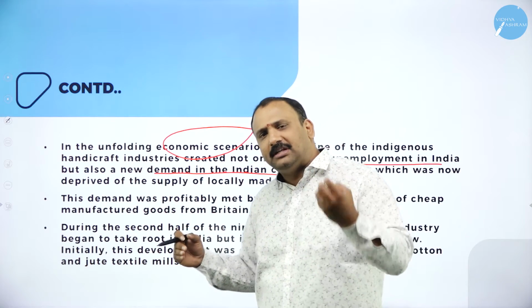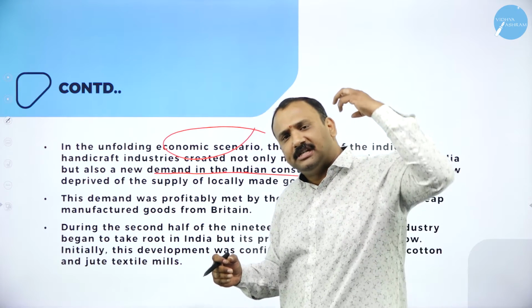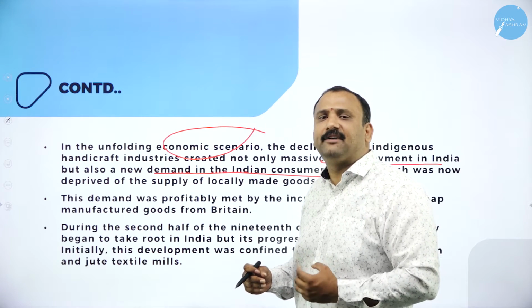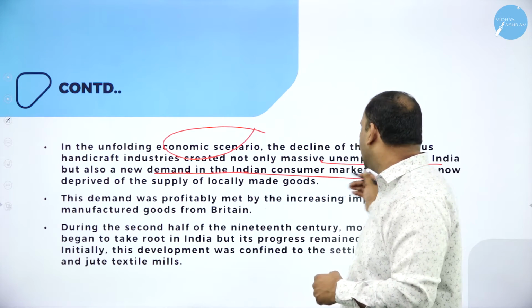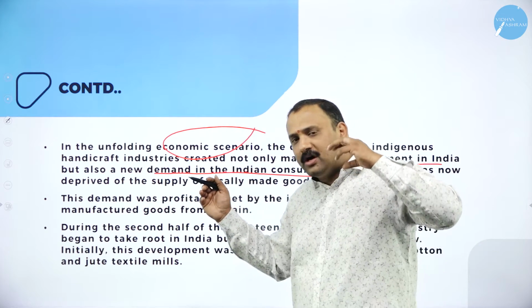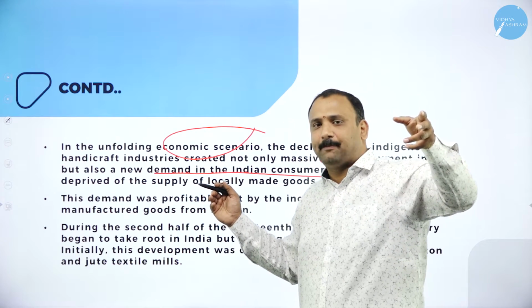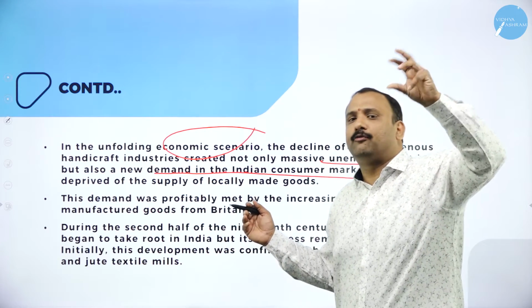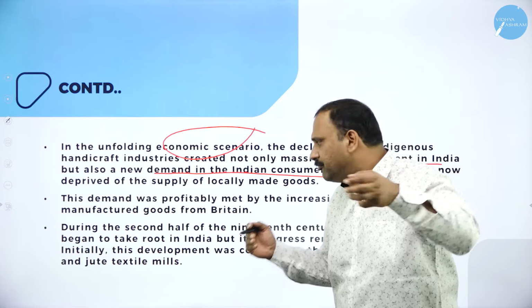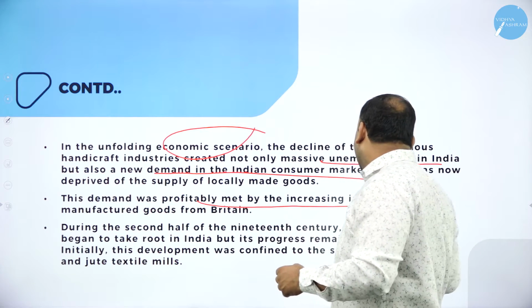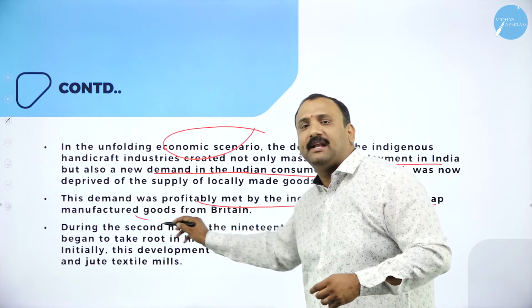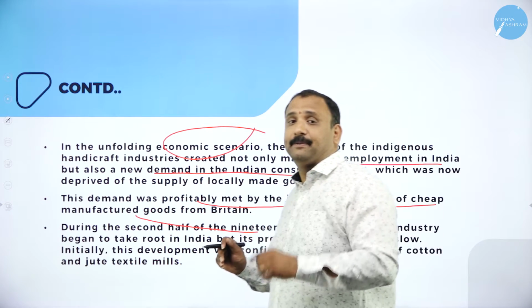So that was one of the reasons why you would see that there was a decline in the handicraft industry altogether. But then what happened in its place was that, now becoming deprived of supply, India started looking out for new kinds of employment, a new kind of market altogether. The demand was profitably met by increasing imports of cheap manufactured goods made by the British.